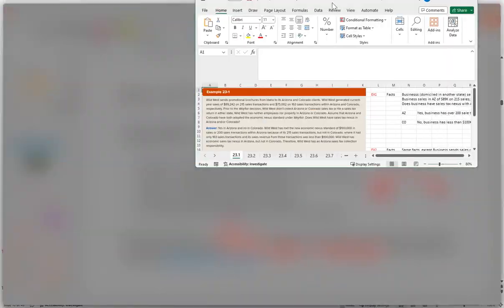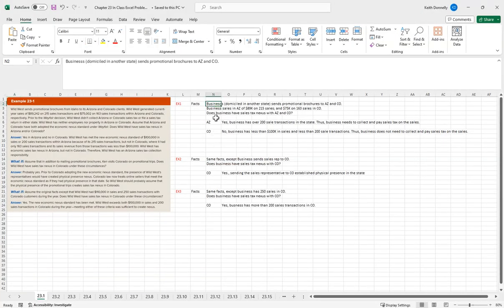So if we look at 23.1 here, they give us some facts. A business domiciled in another state sends promotional brochures to Arizona and Colorado. From those brochures they send, it looks like they have 89,000 in sales based on 215 sales in Arizona, and 75K in sales based on 163 sales in Colorado. Do they have economic nexus with Arizona and Colorado?